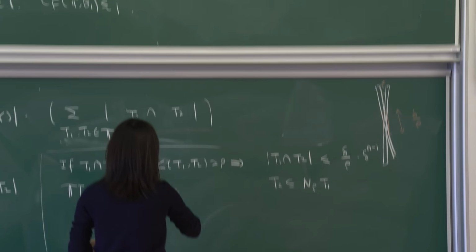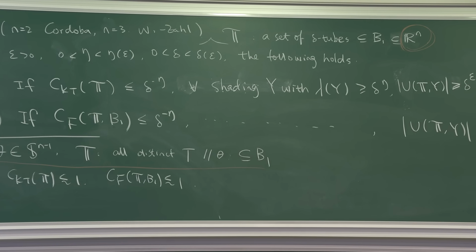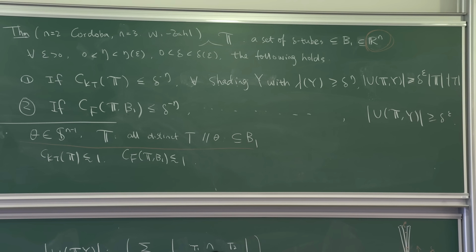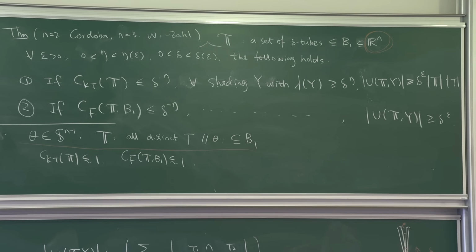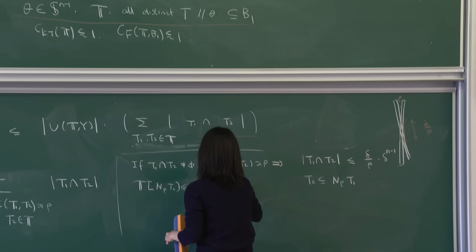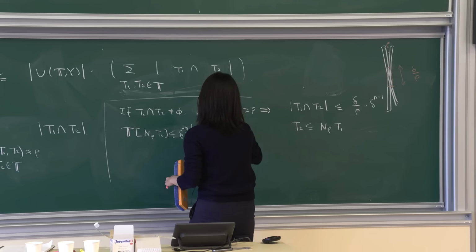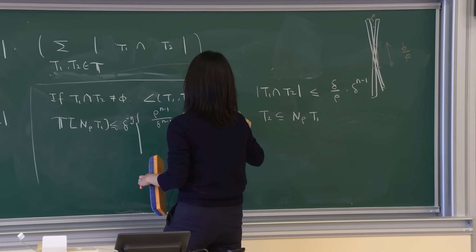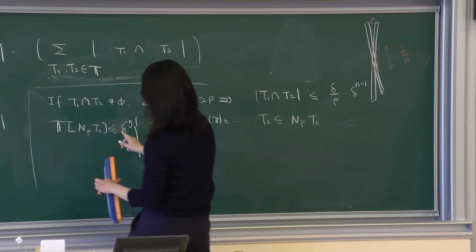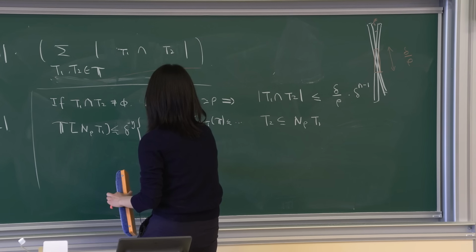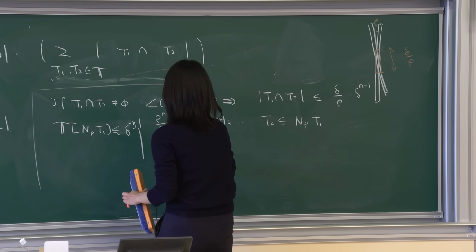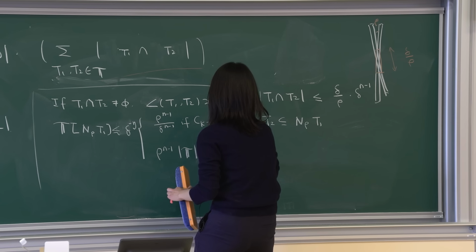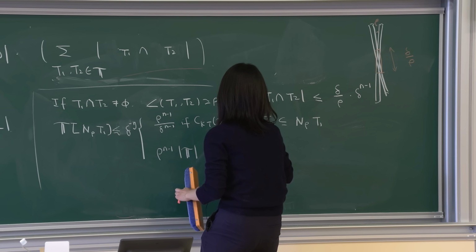If the Katz constant is bounded by delta to the minus eta, it's less than delta to the minus eta times rho to the n minus 1 over delta to the n minus 1. And this is bounded by rho to the n minus 1 times the total number of tubes if the Frostman constant is bounded.